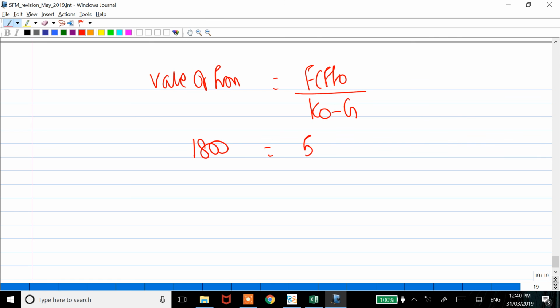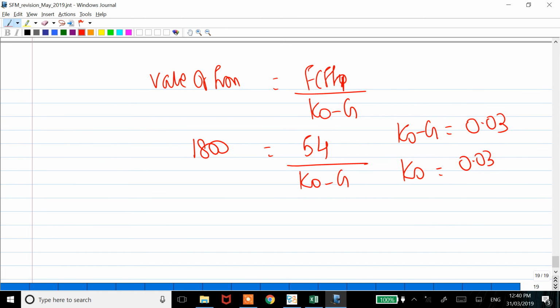1800. So this is FCFF1, okay, 54 by KO minus G. Growth was some 9%. KO minus G turns out to be 0.03.